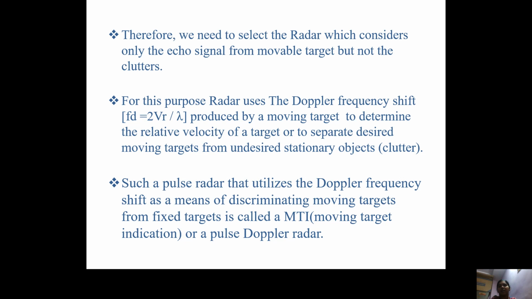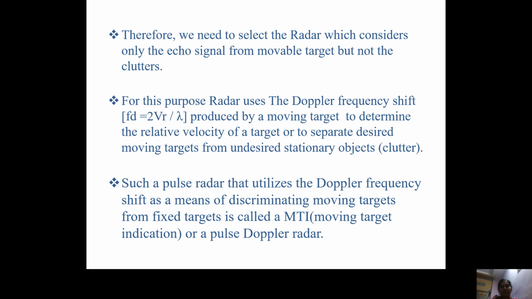These undesired stationary objects are nothing but the clutter, which are fixed and not our concern. So we have to concentrate on the moving targets. This shift is introduced only in the moving targets.